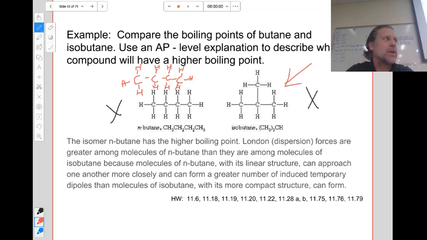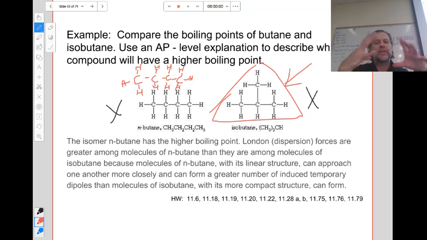The longer and straighter the molecule, the more places it will have to attach in terms of attraction. Whereas here, you have to remember it's in three-dimensional space, but it has less surface area than the straight linear one.